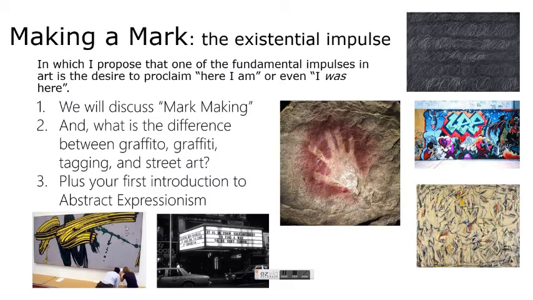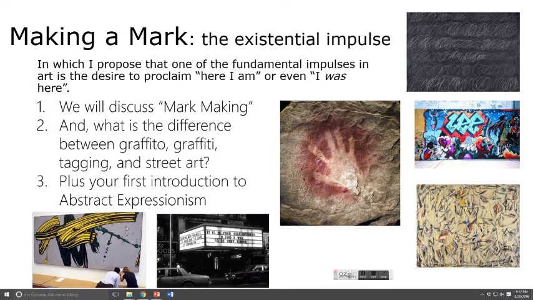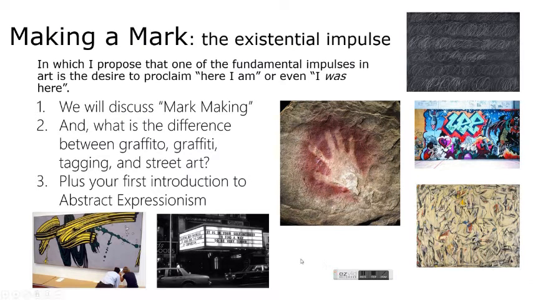And then that leads right to talking about what I call the existential impulse. In each unit, instead of a theme, it's more like a reason why people make art. And so for this particular discussion, we talk about the idea that one of the reasons people make art and have always made art is to simply state their existence, to say, I am here.